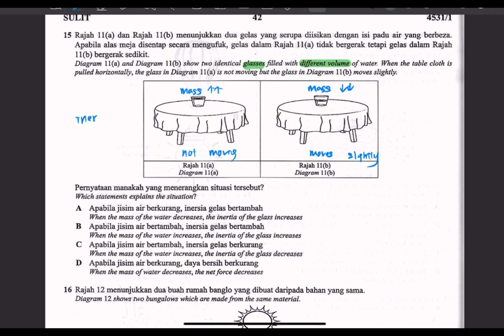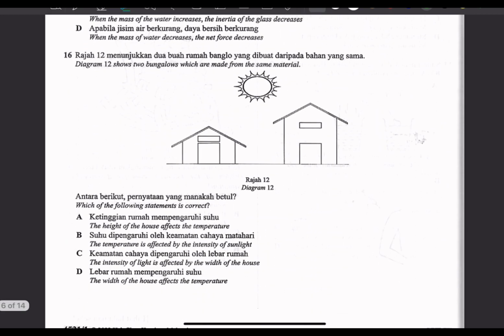And over here, the mass is smaller. So this should be related to inertia. Inertia depends on the mass. Greater mass, greater inertia. Which statement explains the situation? Mass increases, inertia increases.